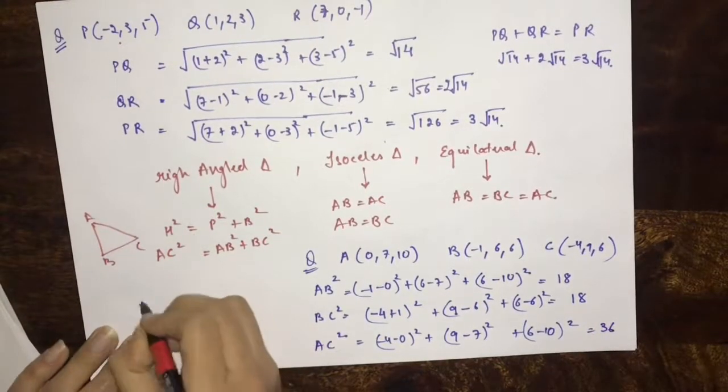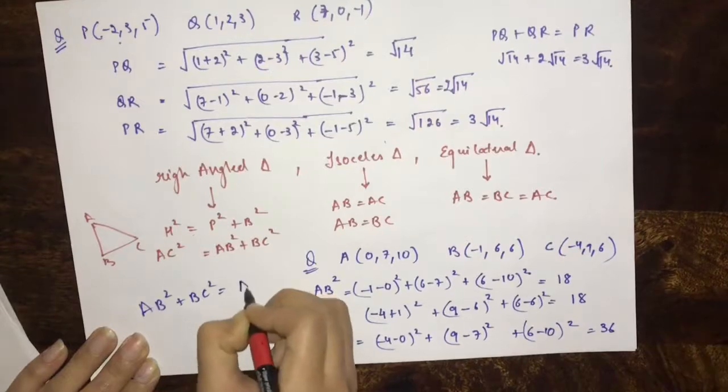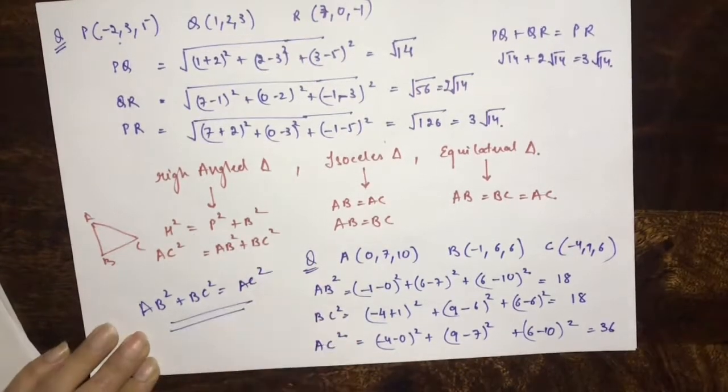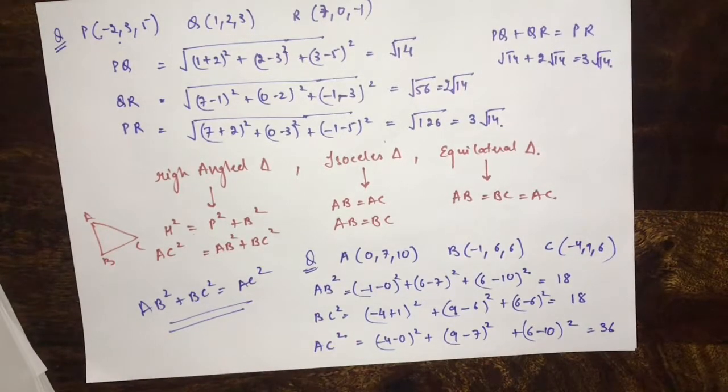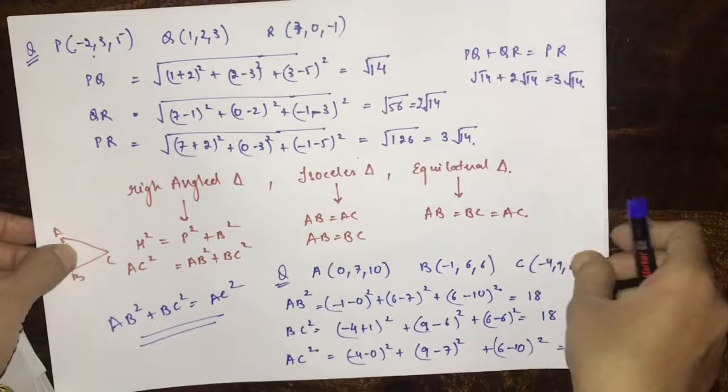Now it's very clear that your AB square plus BC square is equal to AC square, which means it's a right angled triangle. Similarly, you can also be asked to prove whether it's a parallelogram. Then you just need to prove that the opposite sides are equal. That is the basic necessity for it to be a parallelogram.